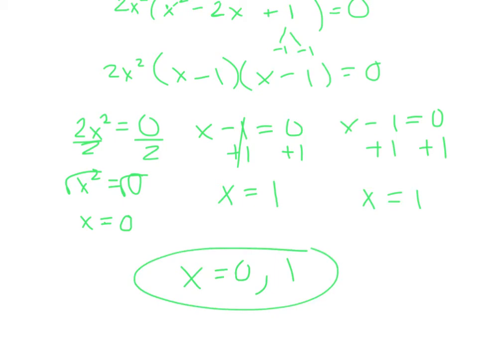This question doesn't ask for it, but at 0, what would our multiplicity be? Anybody want to take a guess? What would our multiplicity be at 0? Would it be odd?